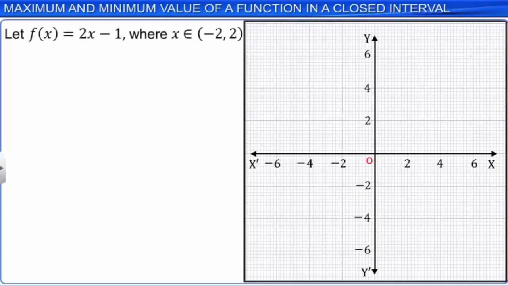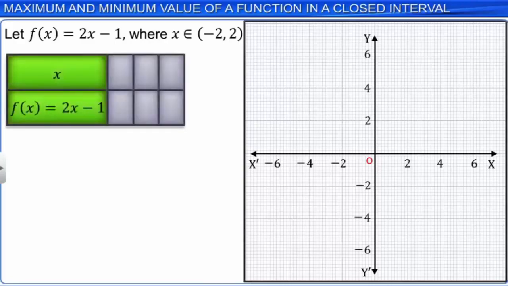Consider a function f of x is equal to 2x minus 1, where x belongs to the open interval minus 2, 2. The ordered pairs satisfying the function f of x are minus 1, minus 3, 0, minus 1, and 1, 1.